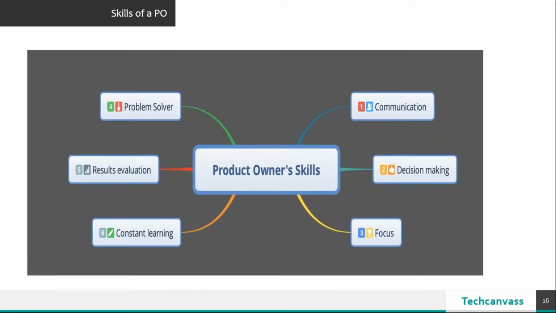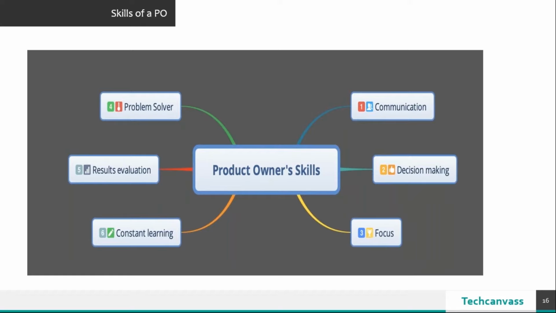Now we quickly talk about the skills that a product owner should possess. Of course, some of them are very similar to what we have just seen for a business analyst, but some of them are different as well. Problem solver needs to be there, because unless you solve the problem, as a product owner, you have a vision of why you're building that product.